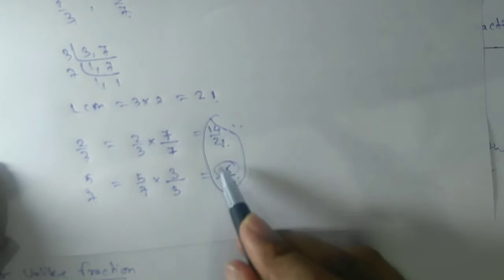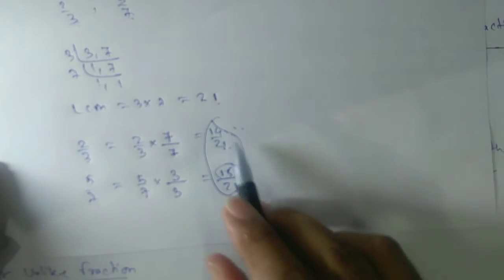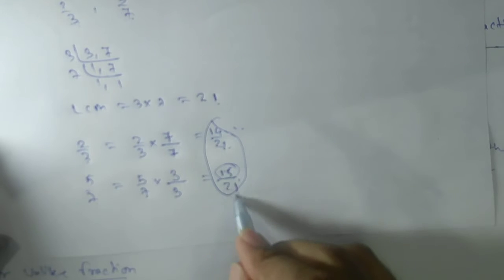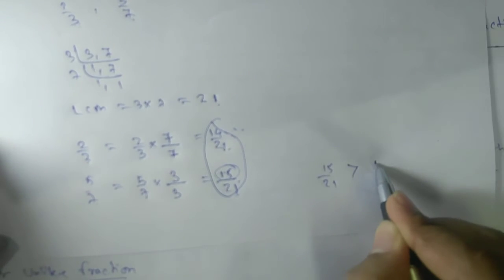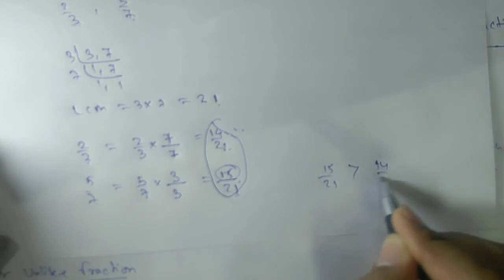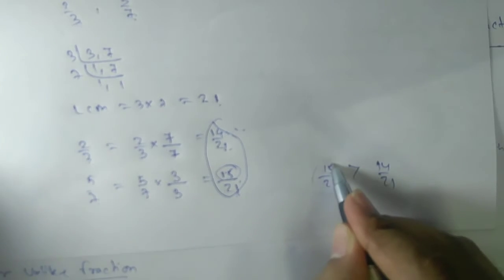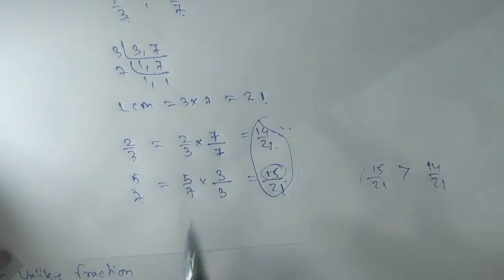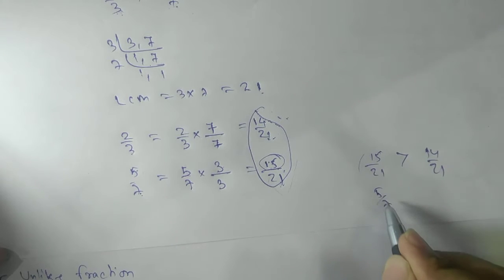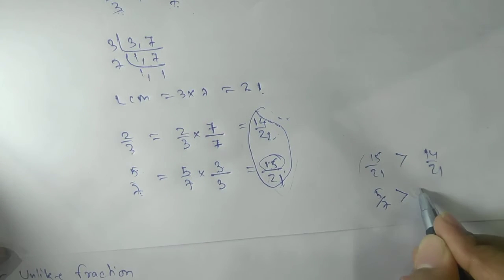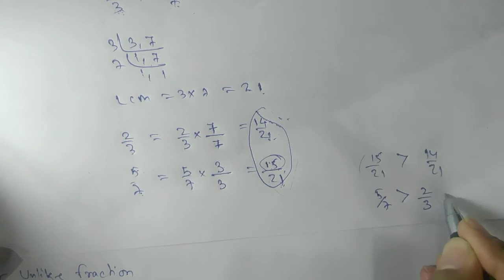Yes, 15 is bigger. That means 15 by 21 is greater than 14 by 21. So 15 by 21 is what? 15 by 21 is 5 by 7. That means 5 by 7 is greater than 2 by 3.